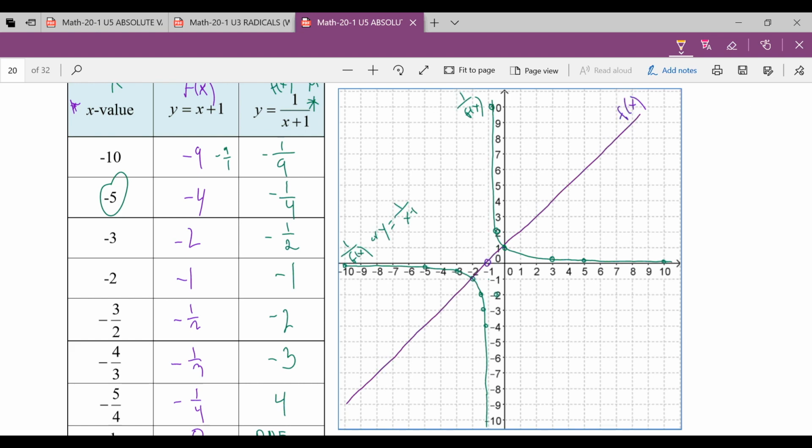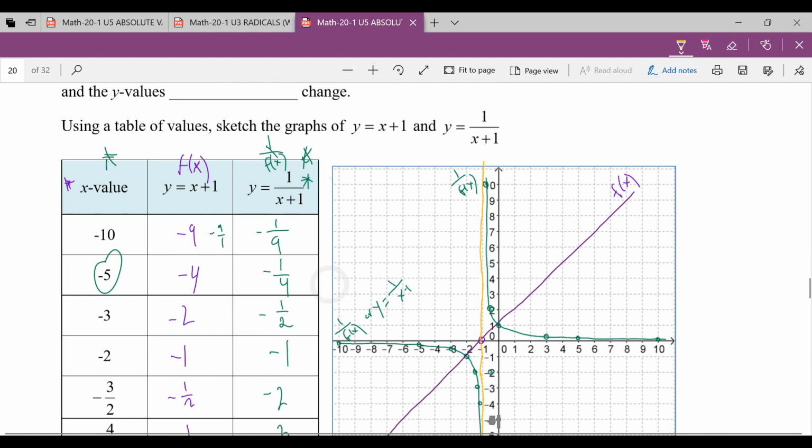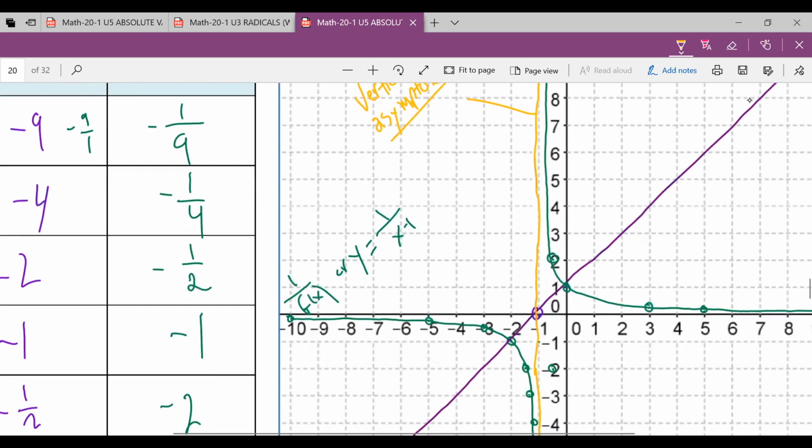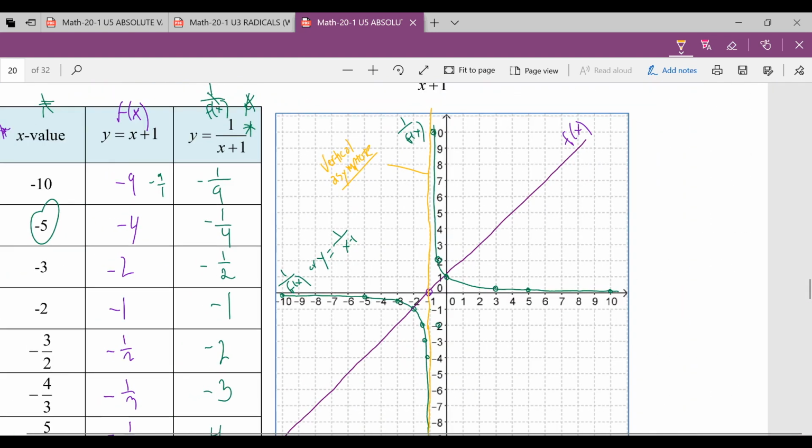But x looks like it'll never be equal to -1. That line approaches. And so I'm going to draw a line coming down here. The x value will approach -1 from the left side, but it'll never, ever, ever quite touch that. So we have a special name for something like that, and it's called vertical asymptote. Okay, vertical asymptote. And so that's a new feature of reciprocal functions, that presence of a vertical asymptote.